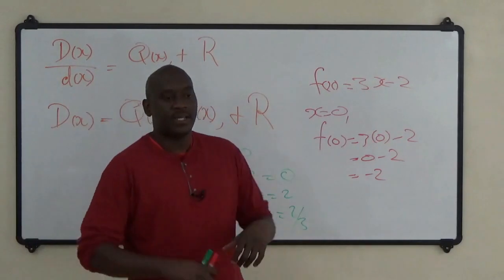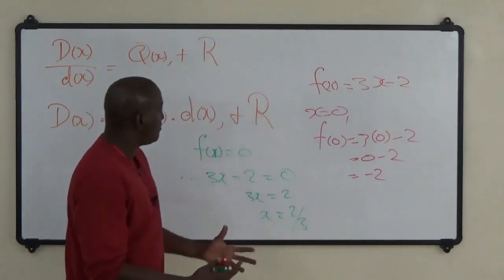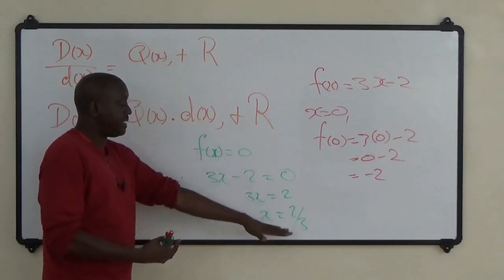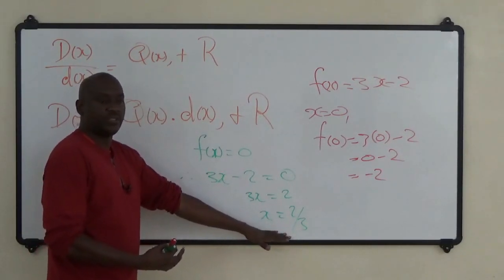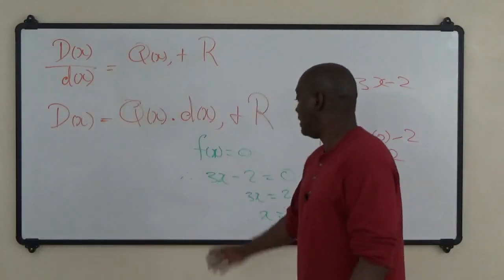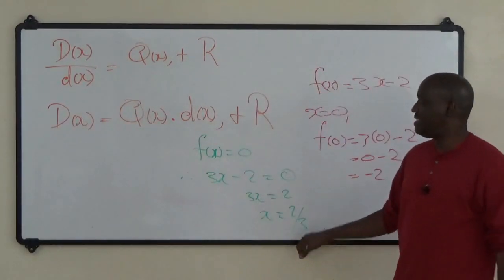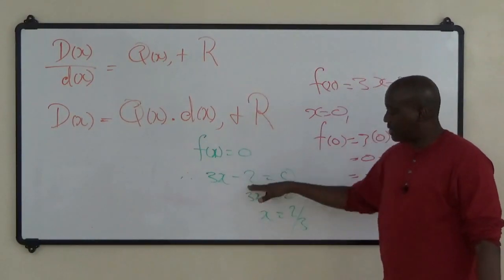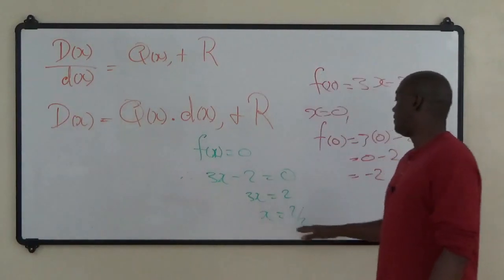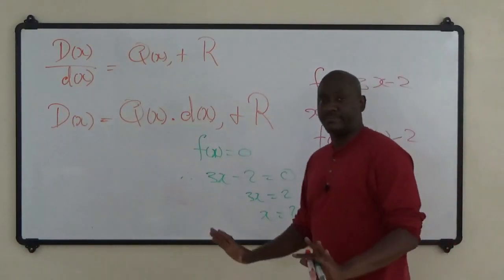The value of x for which the function f of x is equal to 0 is x equal to 2/3. In the language of mathematics, we say that x equal to 2/3 is the root of the equation 3x minus 2 equals 0. In other words, x equal to 2/3 is the root of f of x.